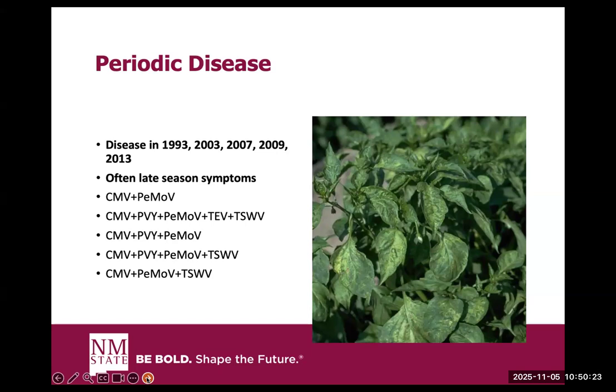So it's often late season symptoms, and then there are combinations like cucumber mosaic virus and pepper mottle, or that with PVY, tobacco etch, and tomato spotted wilt, which I'll talk about in a few minutes. So you can get all of these different combinations, and they show up, not every year, some years. The reason you're likely to get them in combinations is because if you've got Aphis gossypii, it could feed on a variety of those. Not so with tomato spotted wilt, but we'll come back to that in just a second.